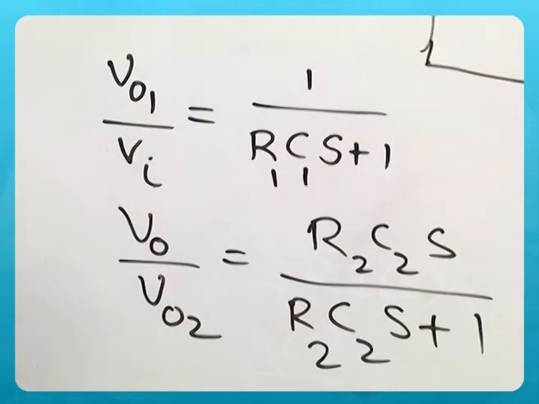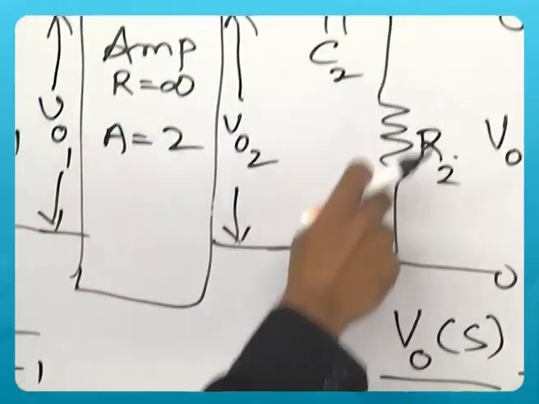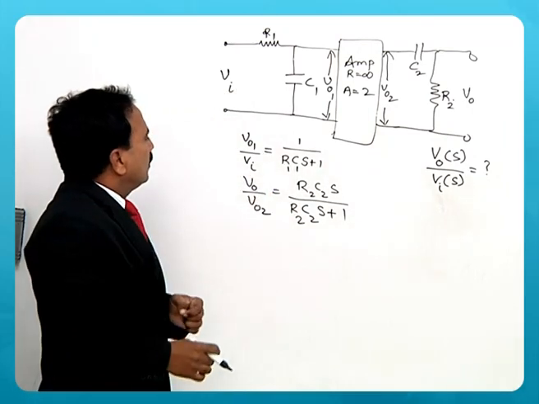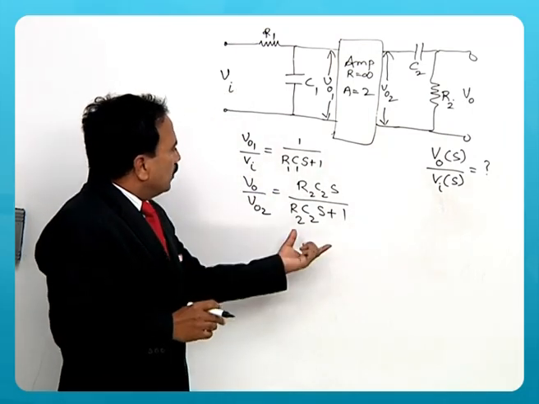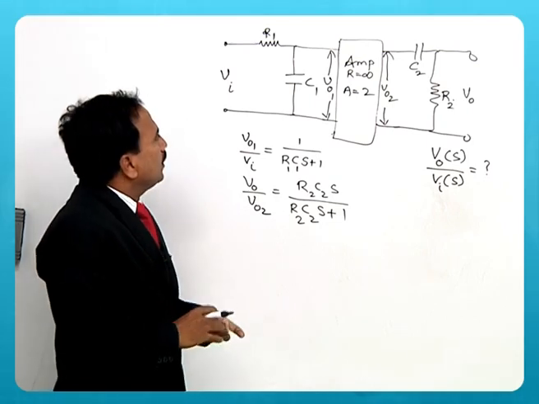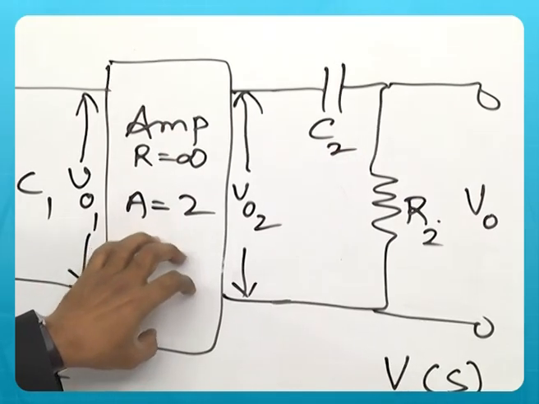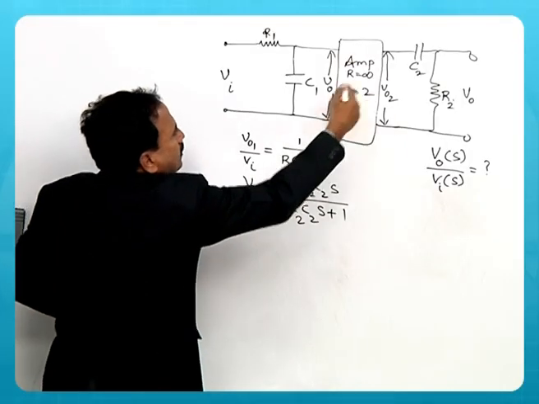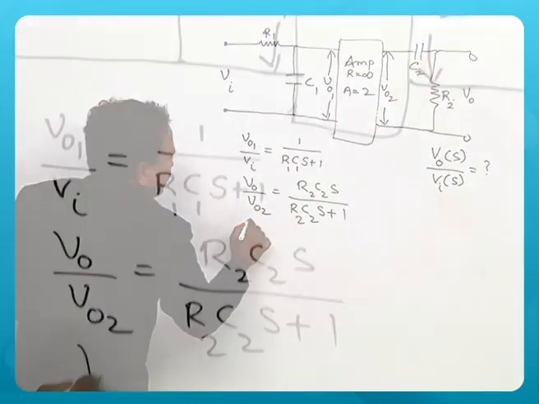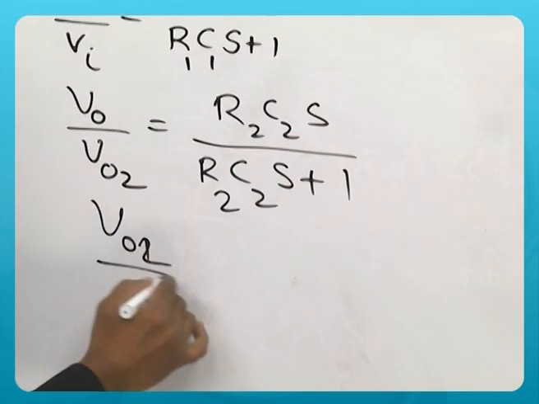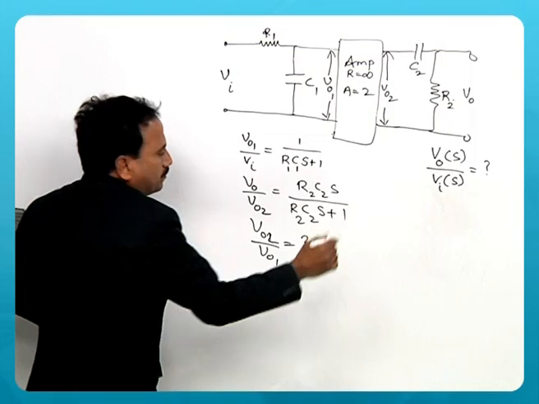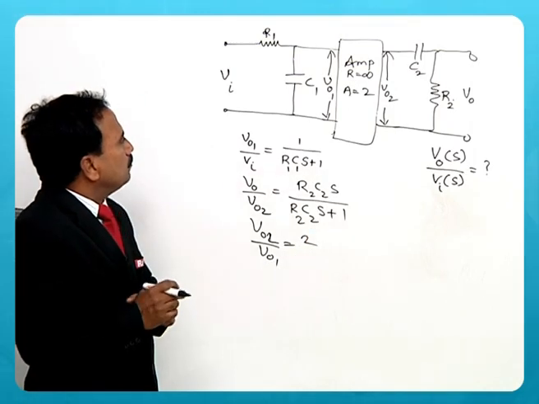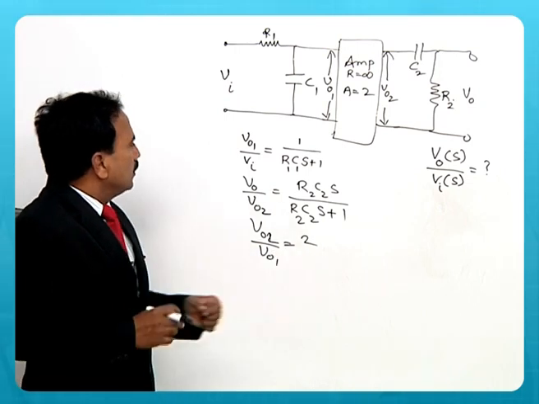How do you get this? You need to write this equation, then output equation, and then you can solve, you will get this transfer function. Now, if you assume that this is an amplifier with a gain of 2, I can write the relation between V02 and V01 is 2. It is like an amplifier ratio or transformation ratio. You can assume V02 by V01 is 2.